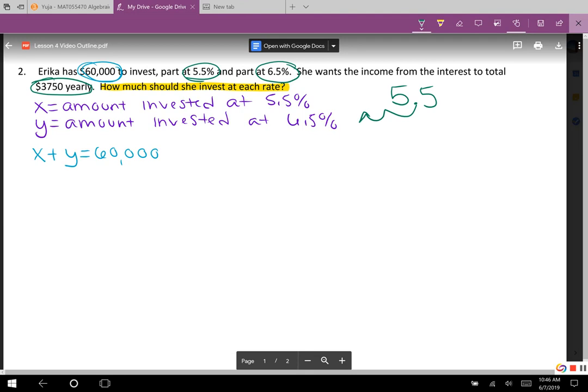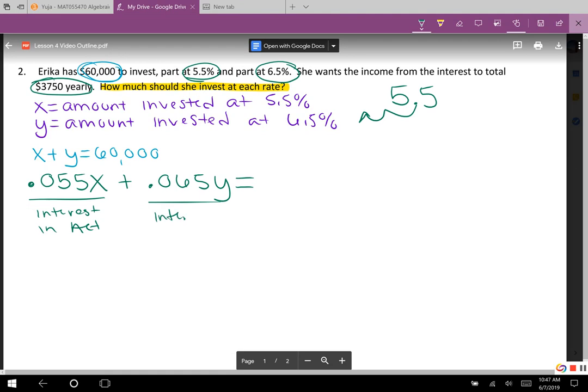That becomes 0.055. If I take 5.5% of, or times X, that'll give me the interest in that first account. And then, same idea, if I take 6.5%, so 0.065 times Y, that'll give me my interest in the second account. And all of that interest has to total $3,750. So I've got my 2 equations.